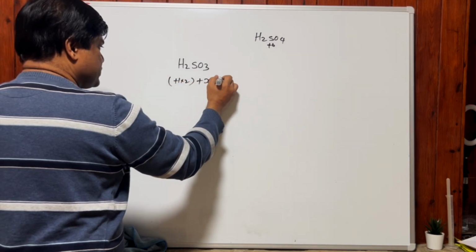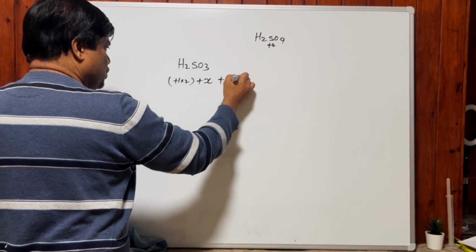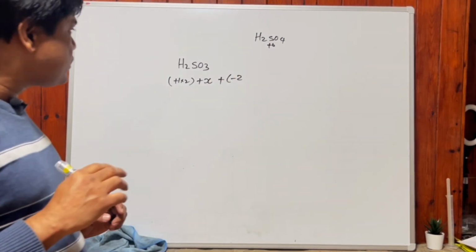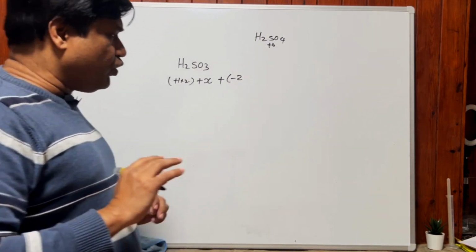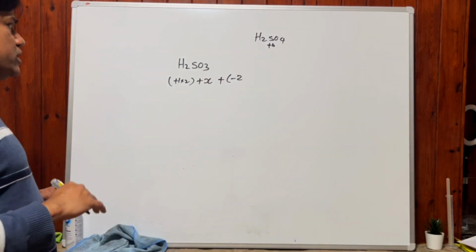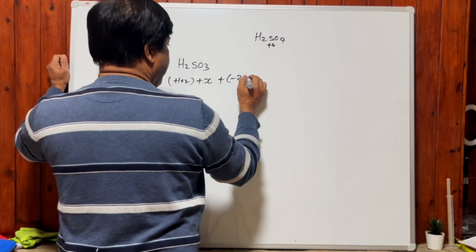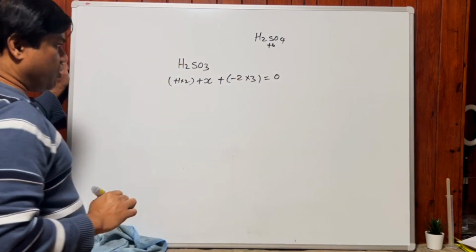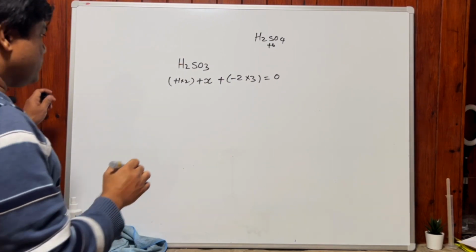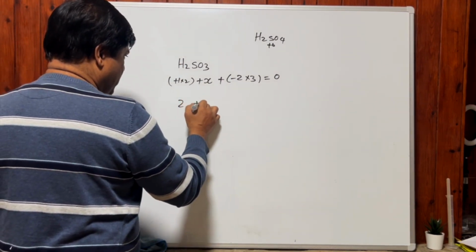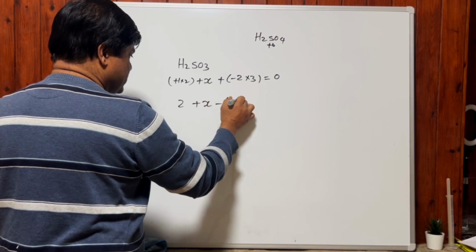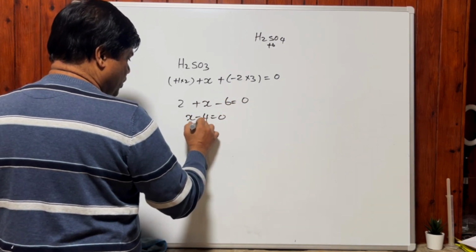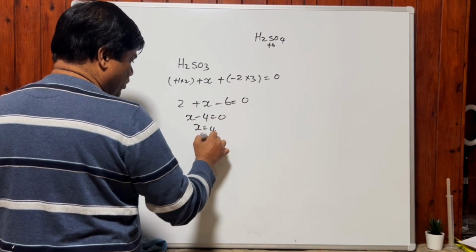Sulfur, we don't know, X. Plus -2, oxygen is always -2, except when oxygen is combined with fluorine or in peroxides. Times 3 equals 0, because overall oxidation state is 0. So 2 plus X minus 6 equals 0, X minus 4 equals 0, X equals 4.